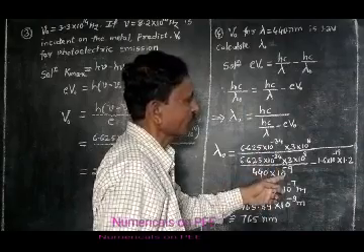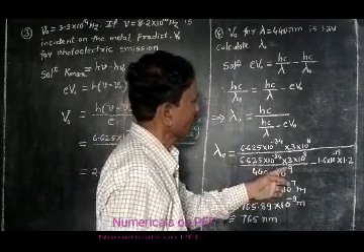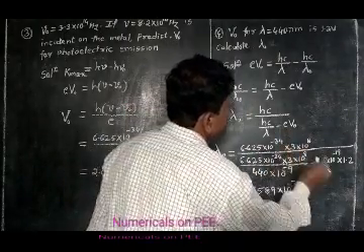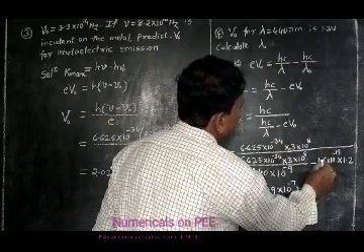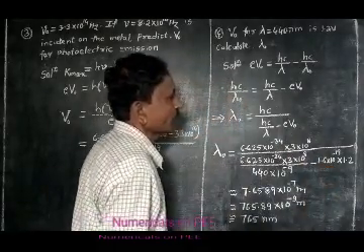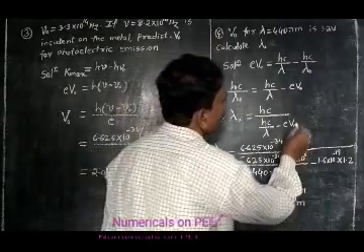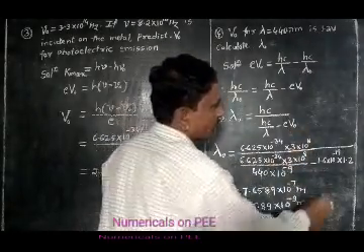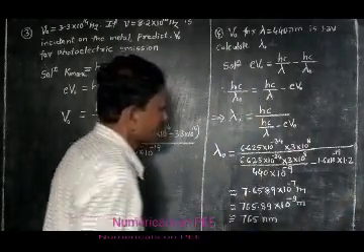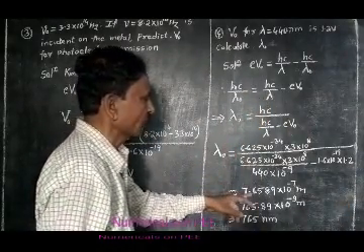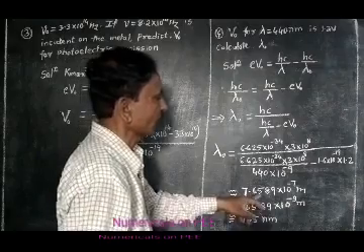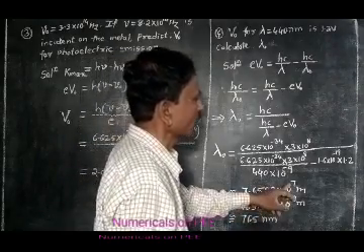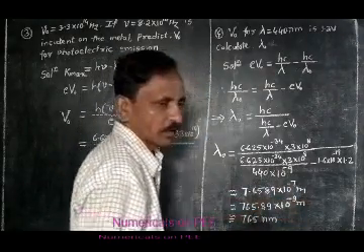Nano can be written as 10 raised to minus 9, minus e, that is charge on electron 1.6 into 10 to the power minus 19 coulomb into V naught, the stopping potential, 1.2. Solving this we get 7.6589 into 10 to the power minus 7 meter.